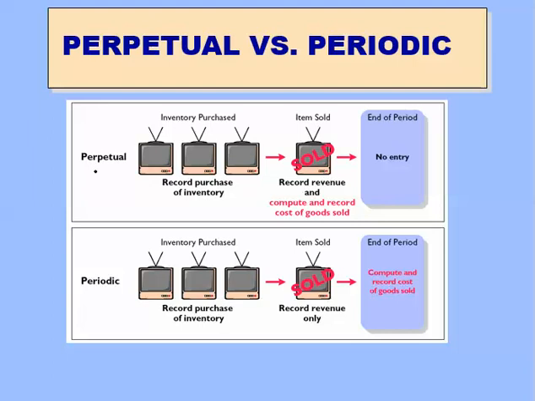Now, in most instances today with computers, a perpetual inventory system is pretty easy to do, and a lot of companies have now adopted perpetual inventory. And you can recognize this, for example, when you walk into a store and maybe they don't have your size pair of pants, and you say, hey, can you check and see if they have this at another store, and they can look it up and tell you.